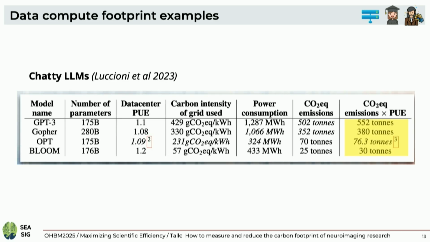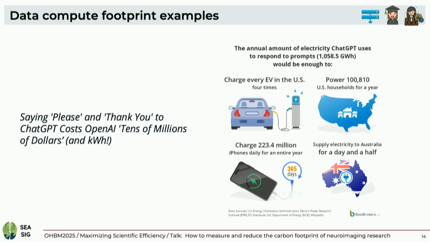They create a huge amount of carbon emissions. One example that has become popular recently, I think because of social media coverage, is that when you say please or thank you, ChatGPT consumes a huge amount of carbon. I also saw a picture recently saying it consumed the electricity that Australia uses in a day and a half, which was fascinating in terms of the scale.